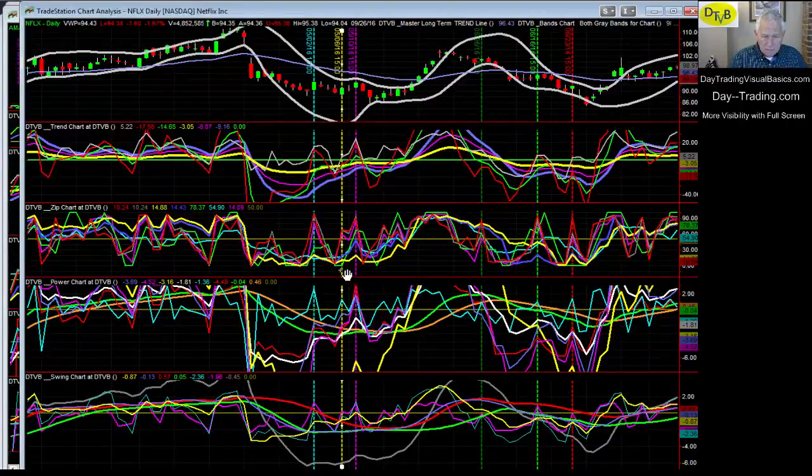Back to my indication on the zip yellow, now at 11, and before it was at 4. It went up 7 points. If you go over here to the red line and you go the day before the red vertical line, the zip yellow is at 1, and on the red vertical line day, the zip yellow is at 21. So zip yellow jumped 21 points on that day, and zip red also was significantly higher.